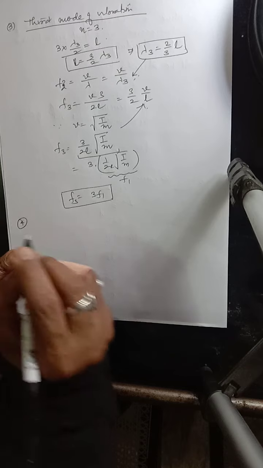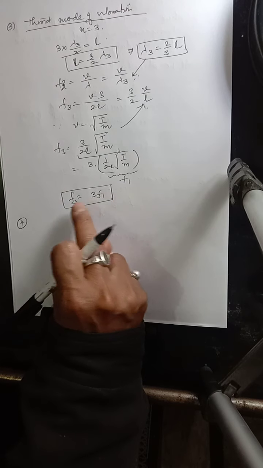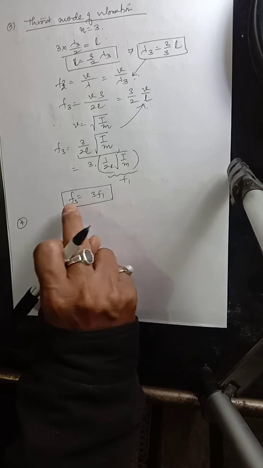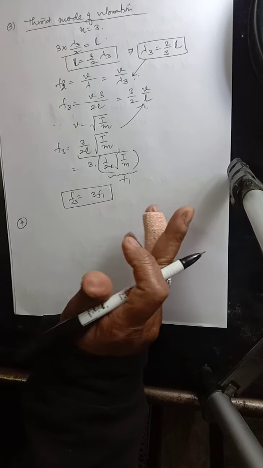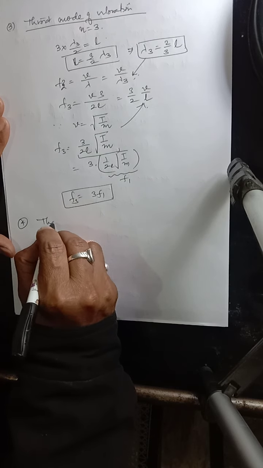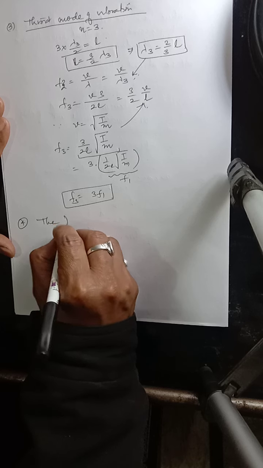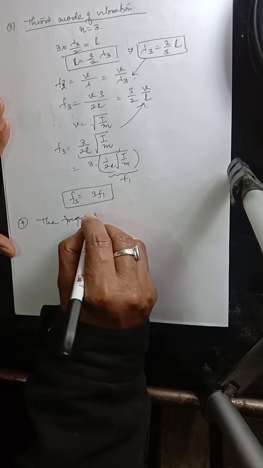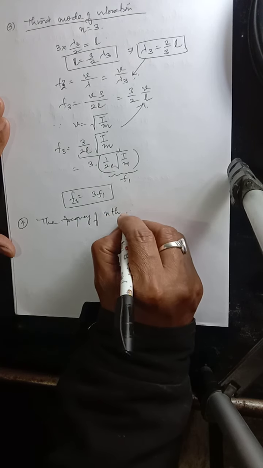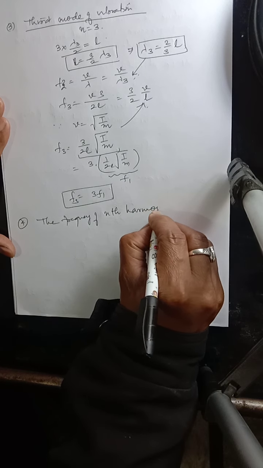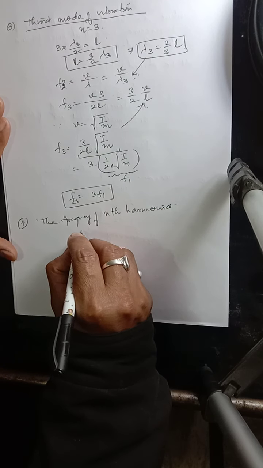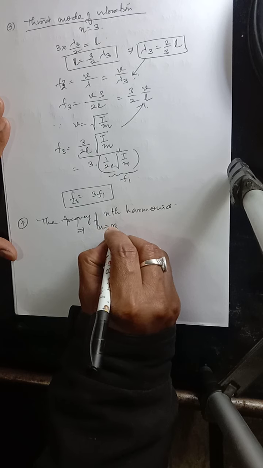Now, as we did earlier, F2 is equal to 2F1, F3 is equal to 3F1, and so on. So now we are going to find out the last one, that is the frequency of the nth harmonic. It means n is equal to n.